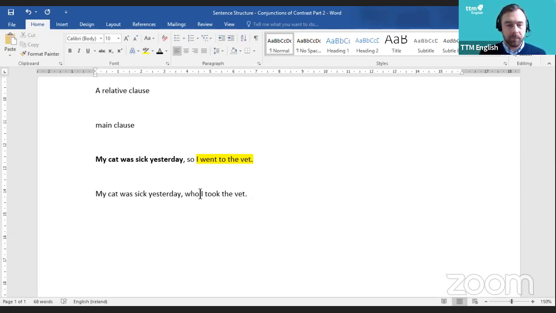Okay, so I like the idea. What we're talking about here is you're trying to tell me something about the noun in this previous clause. So the noun in the previous clause is my cat, and you're trying to tell me something about my cat. But unfortunately, I can't use it this way, and I'll show you why later.